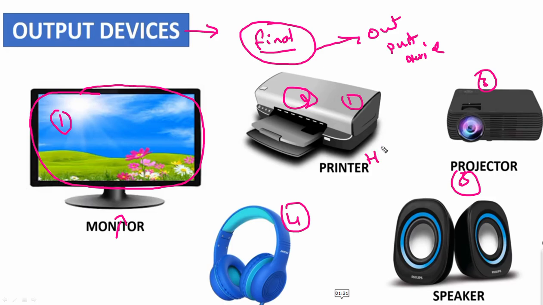Here we see two different types of copies, soft copy and hard copy. What is the difference between them? A soft copy is saved in the computer system, and it is an editable file or editable document.